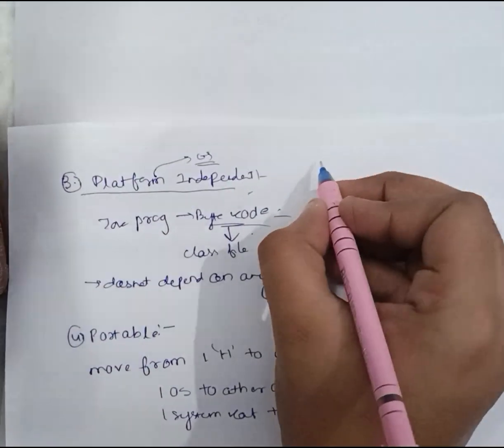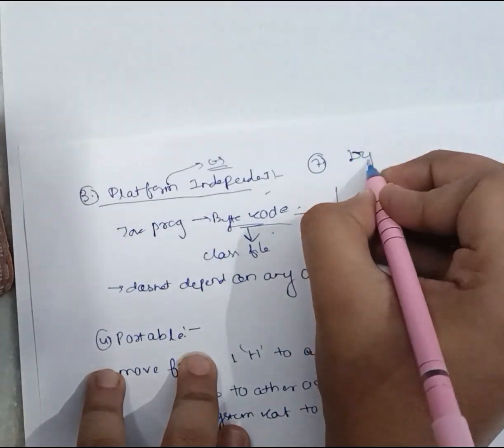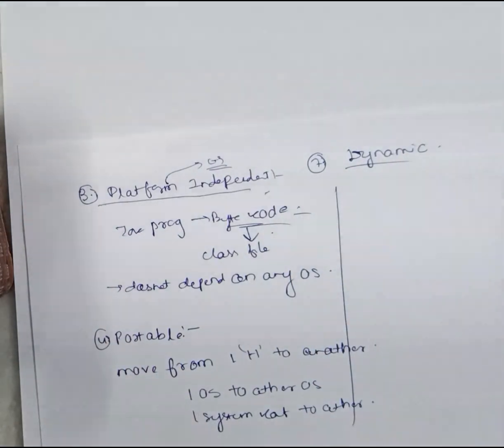The next one is dynamic. Let's see what dynamic is. We know that the Java compiler produces the bytecode or class file. That class file will be loaded into memory during runtime or execution time. If anything happens during runtime, it is known as dynamic.